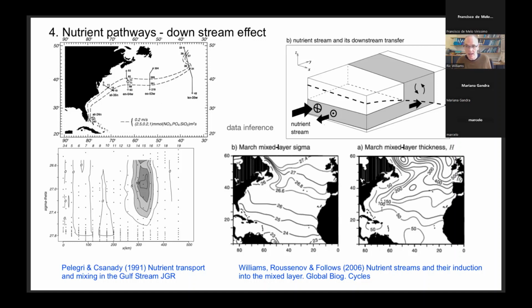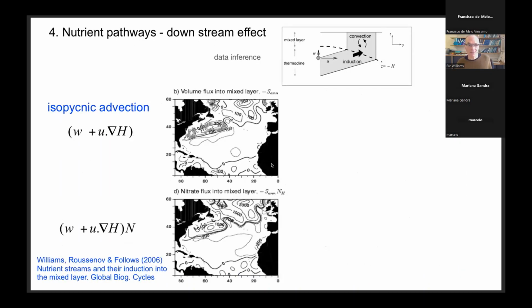My early work emphasized how the winter mixed layer varied in thickness following ideas of John Woods, and you can then see how the fact that this boundary layer is becoming much thicker affects the exchange between the surface mixed layer and the interior main thermocline. So you can evaluate the flux passing from the ocean interior into this boundary layer.